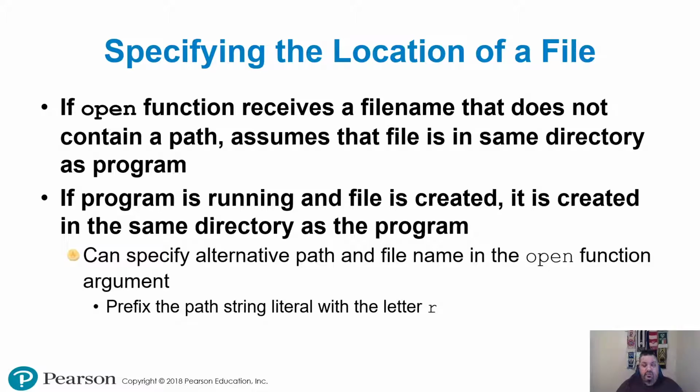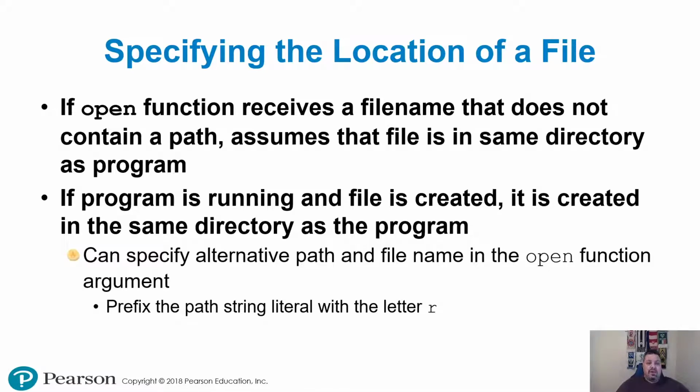So if the file that you're trying to write to is in the same place as your Python program, then you're in good shape. If not, you're going to have to give a whole long path that involves, if you're a Windows user, // documents / whatever. If it's Mac, it's going to start with a slash. But if your program that you're running is not in the same folder, the same directory as the file you're trying to use, then you will have a problem if you don't give it the full path.